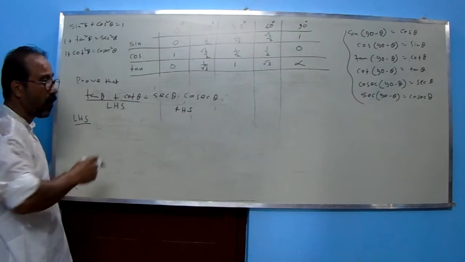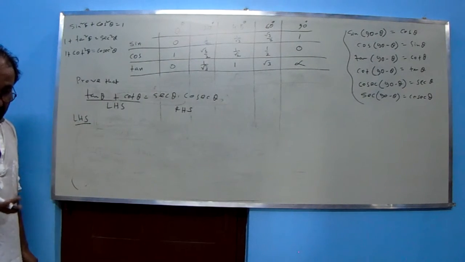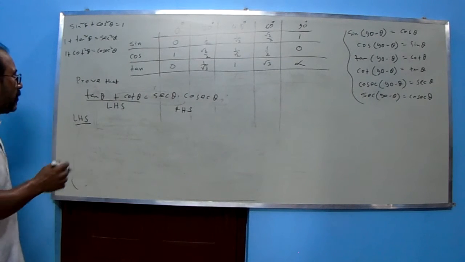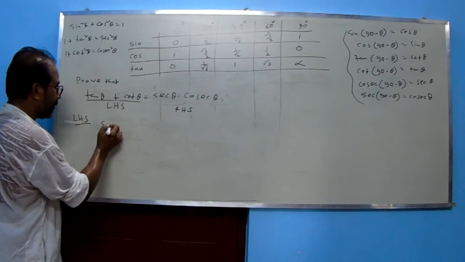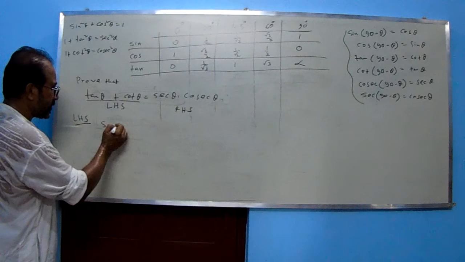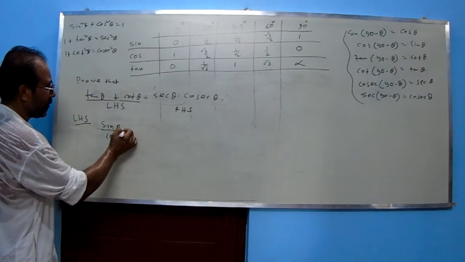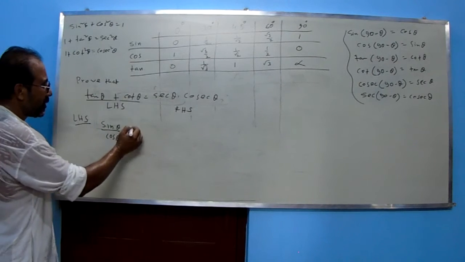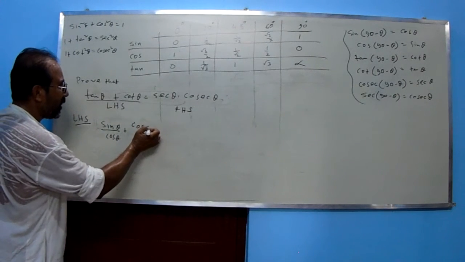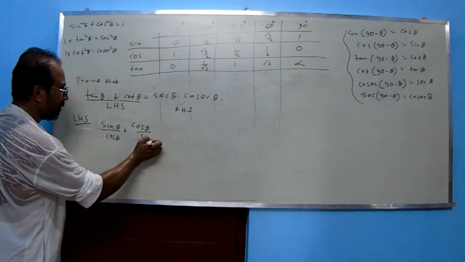So tan and cot have first to be changed to sine and cos. Tan means sine theta by cos theta, plus cot theta, which means cos theta by sine theta, right?